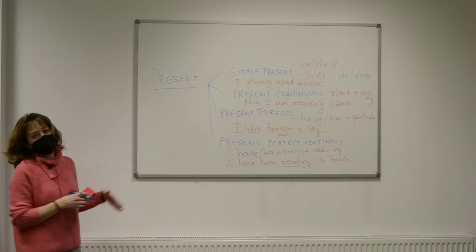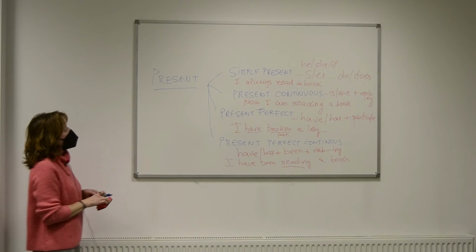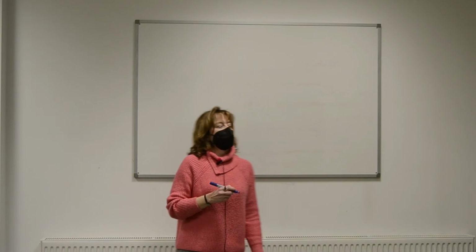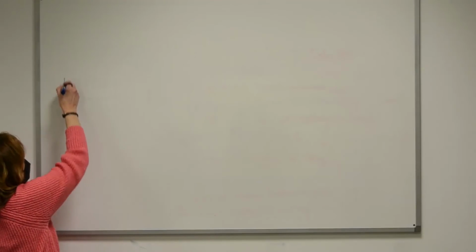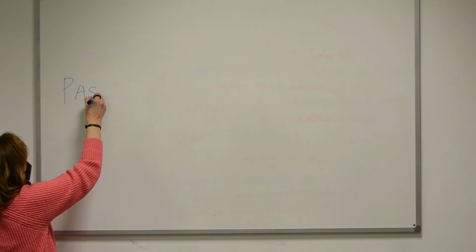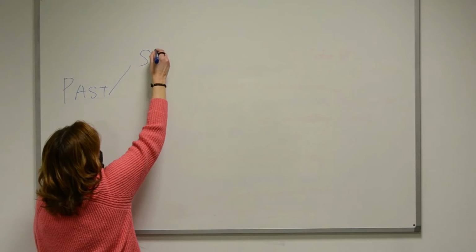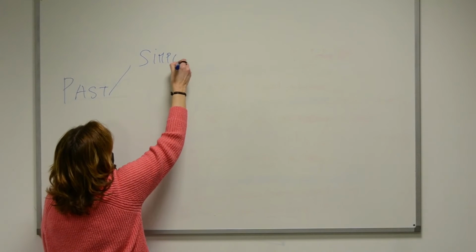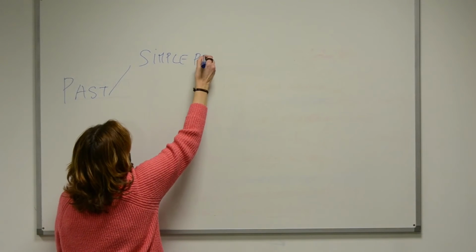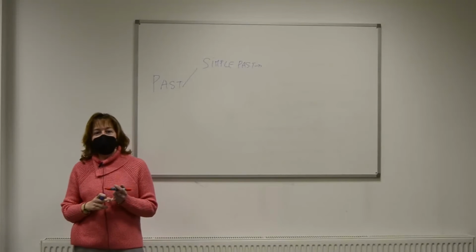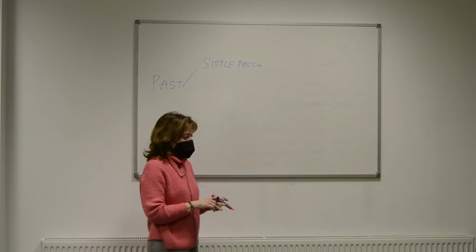Now I'm going to cross out and start with past tense. Well, now we are going to review past tenses. We have simple past. In simple past we have regular verbs and irregular verbs.